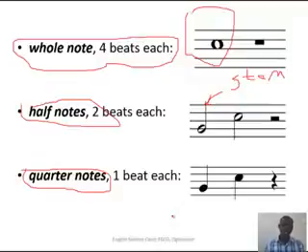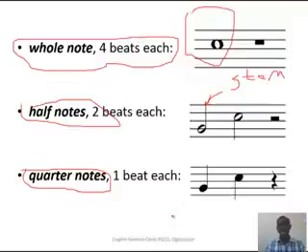Often musicians will say that the crotchet is 1 beat, but this is not always correct, as the beat is indicated by the time signature. You cannot say that a quarter note is always 1, a half note is always 2, while a whole note is always 4. Their beat value depends on the time signature.